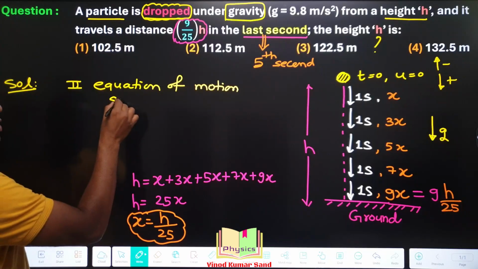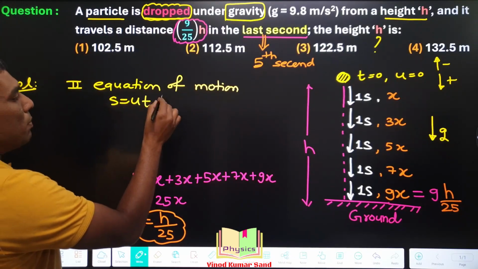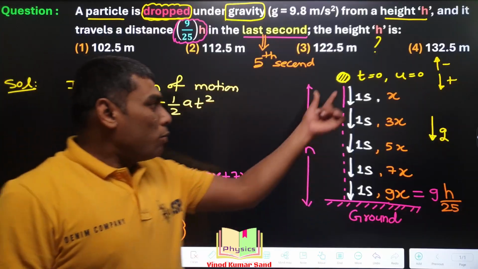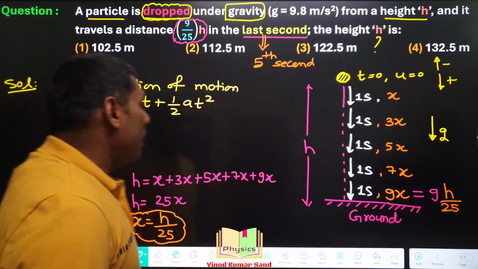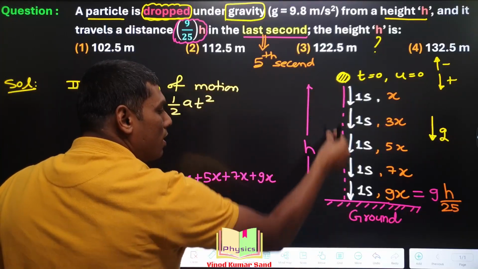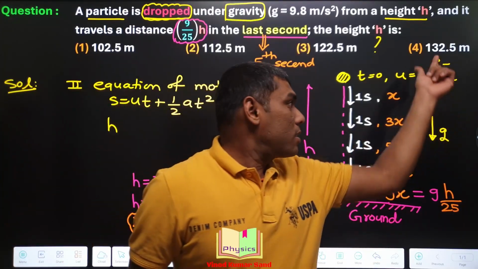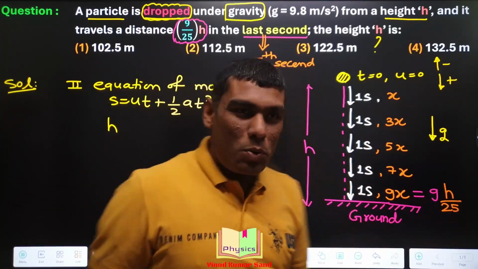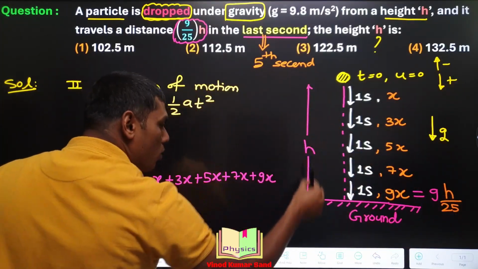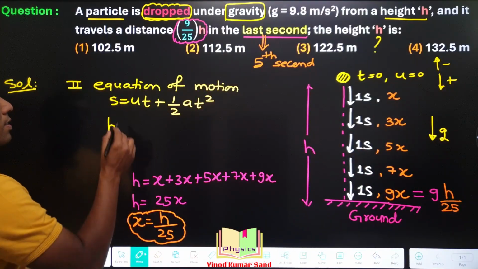Speak up, what does the equation say? s is equal to ut plus half at square. We have to obtain that h, so s will be equal to h. The distance traveled by the particle in this 5 second time interval will be equal to h. And since we have taken the downward direction as positive, h is also in the downward direction like this.